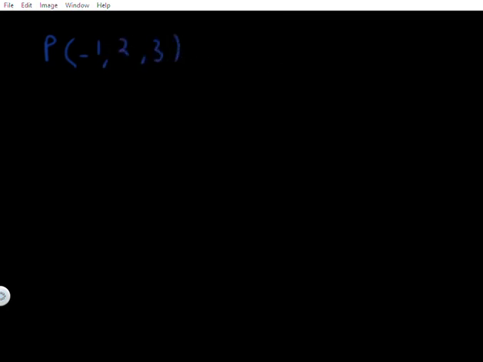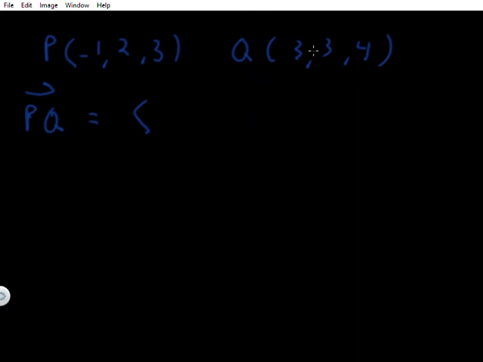And I know that its terminal point Q is at 3, 3, 4. And I want to find the component form of vector PQ. So go ahead, I challenge you to give this a try. Don't be intimidated by it.